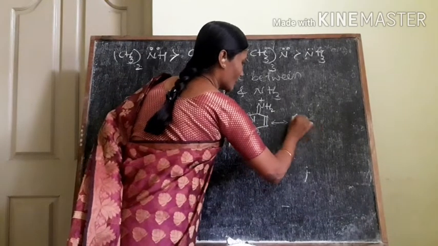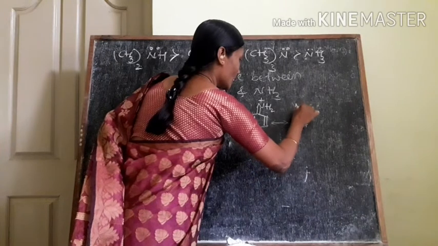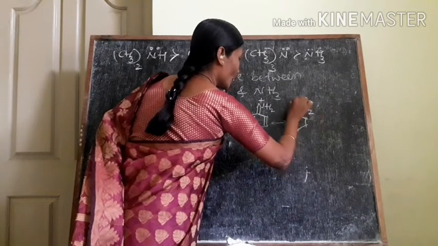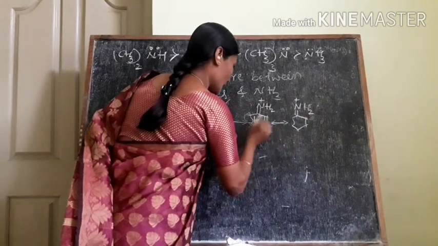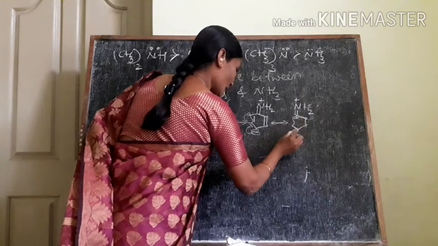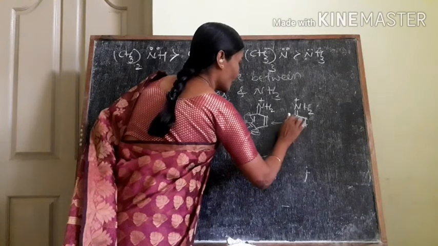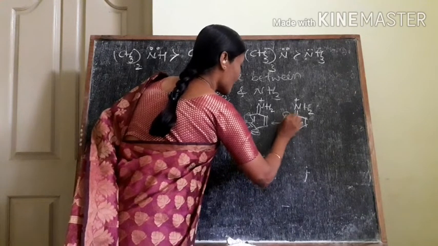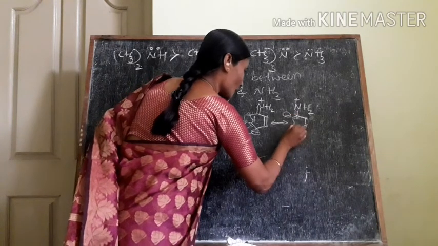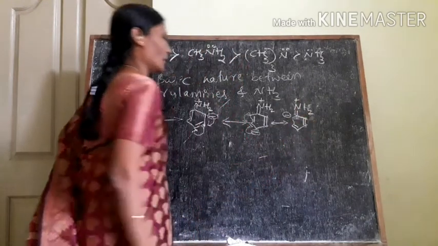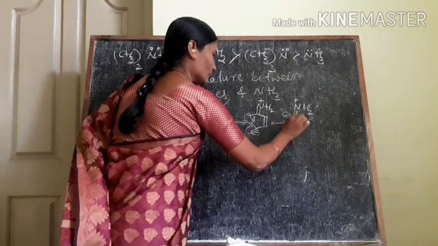Now it becomes a double bond, NH2 plus, and here it makes a double bond, and next it makes a minus, and this position makes a double bond.